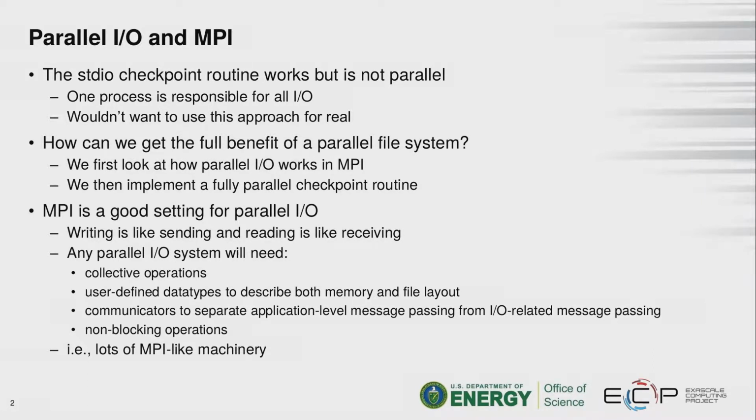But sending a message is kind of like writing to a file, kind of. And the same things that made MPI useful, communicators and data types, can be used in an I/O context to provide some more information about what's going on in the I/O process.